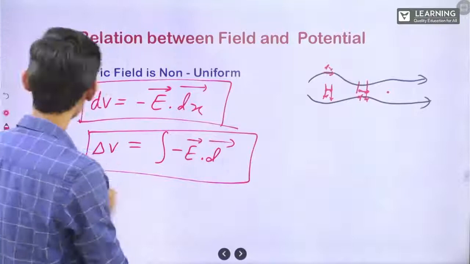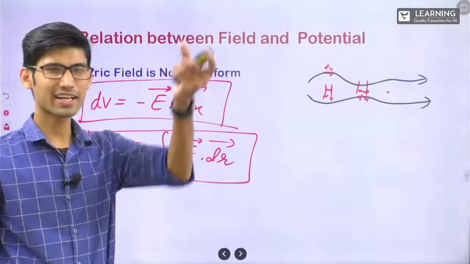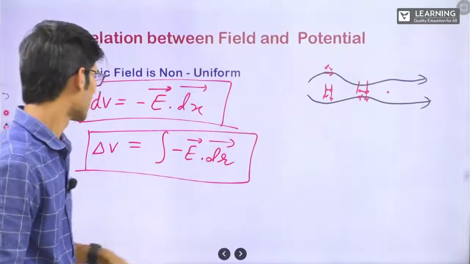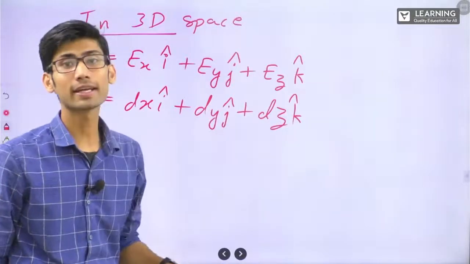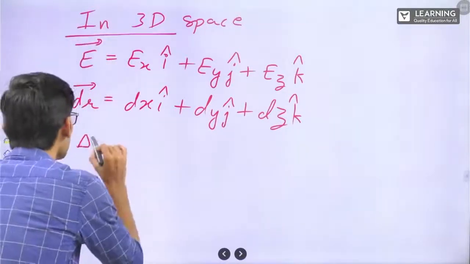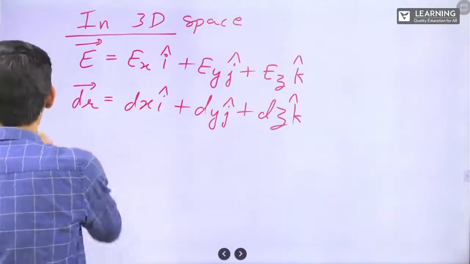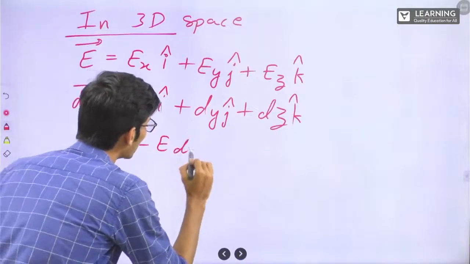Instead of E dot dx, remember E dot dr. If x is there, then people only think in x, but it can be any 3D, right? So dr is dx i cap plus dy j cap plus dz k cap. Delta V, or dV, is equal to minus E dot dr, correct?